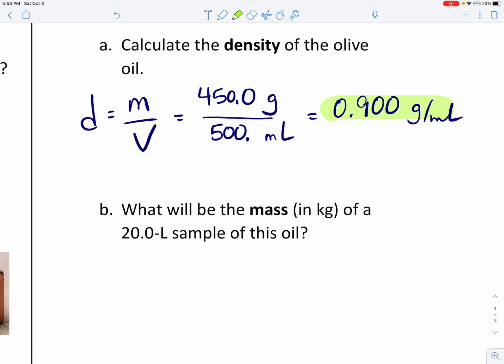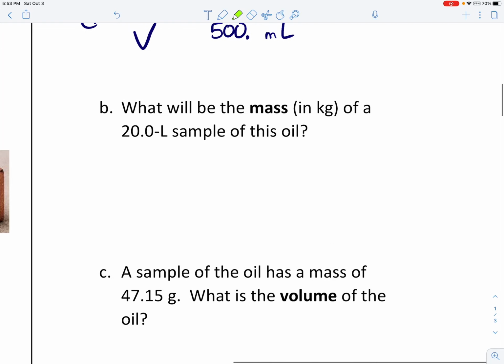Notice that that answer makes sense because the density of water is 1 gram per milliliter, 1.00 grams per milliliter at room temperature, and oil's density is less than water, which means that oil floats on the water. So that density makes sense. It's less than the density of water.